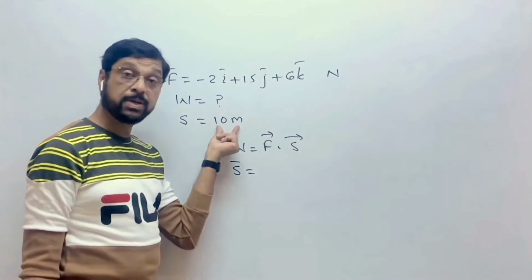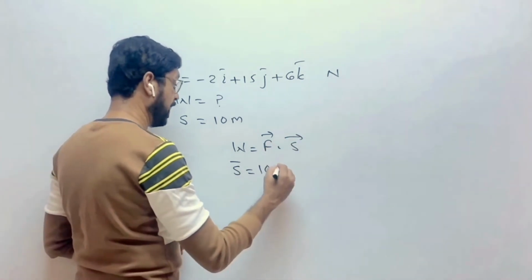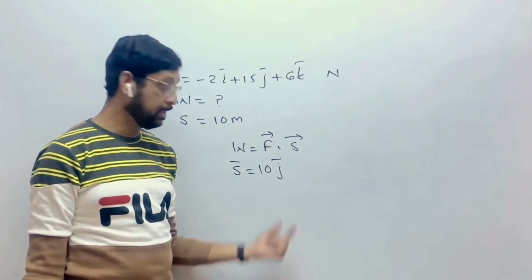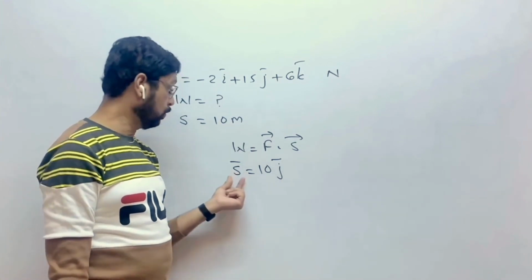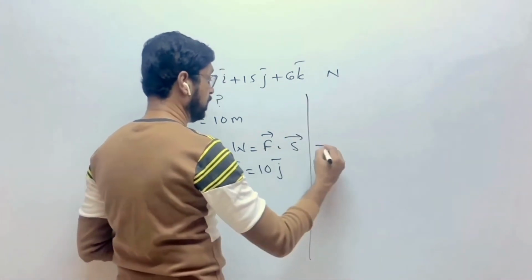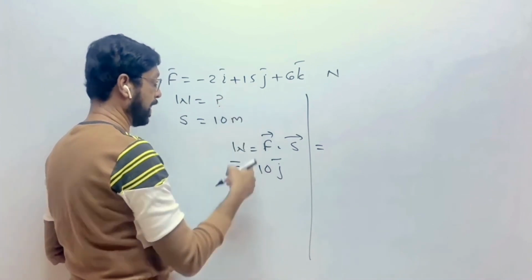It is 10 meter in Y direction, means it is 10 J. Y direction में कौन सा होता है? J unit vector. So displacement is 10 J. So this W will be equal to F dot S, means dot product of this and this.